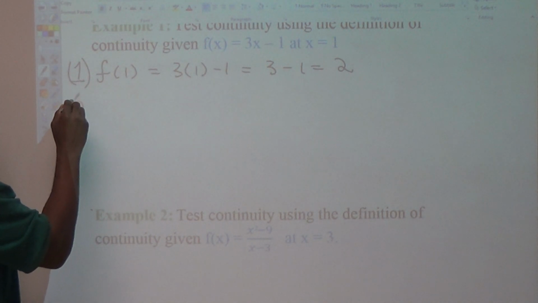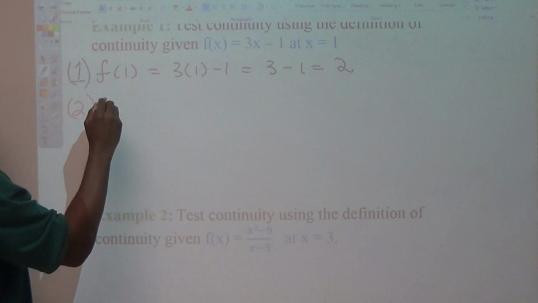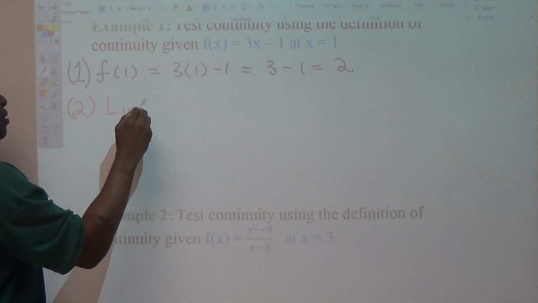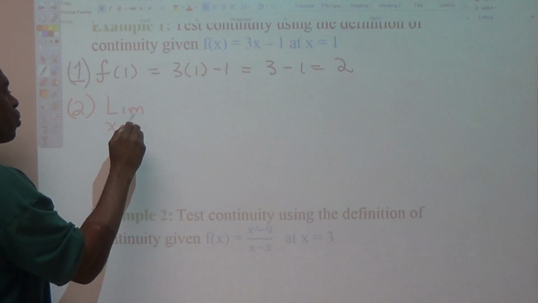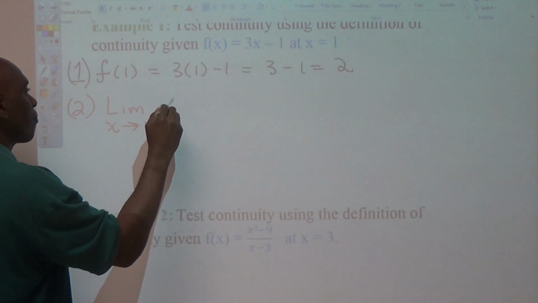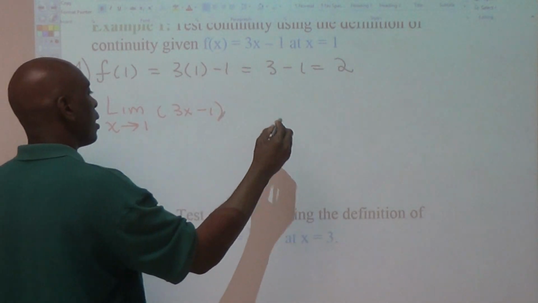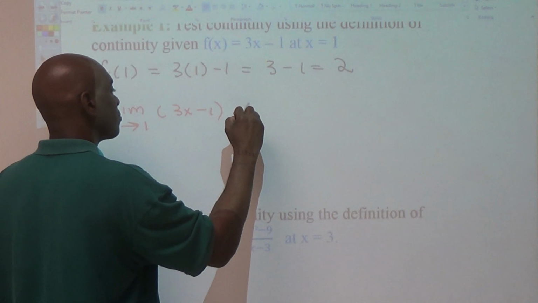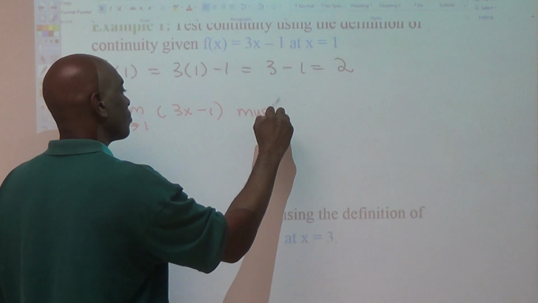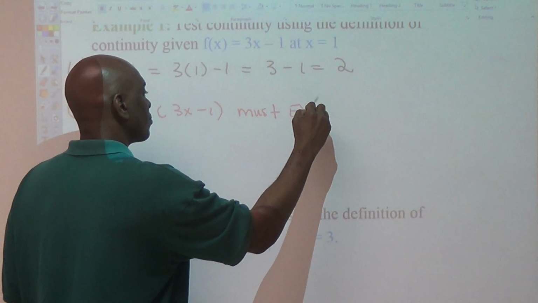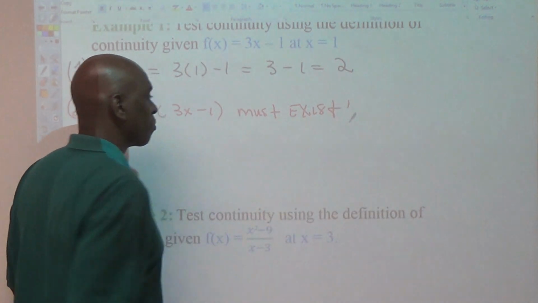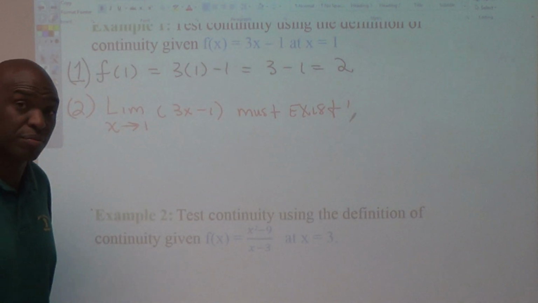Here's the second condition. The limit as x approaches 1 of 3x minus 1 must exist. Does it exist?